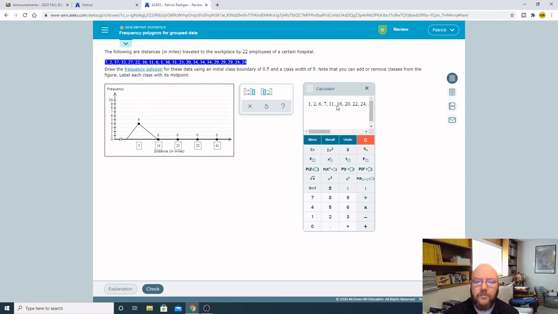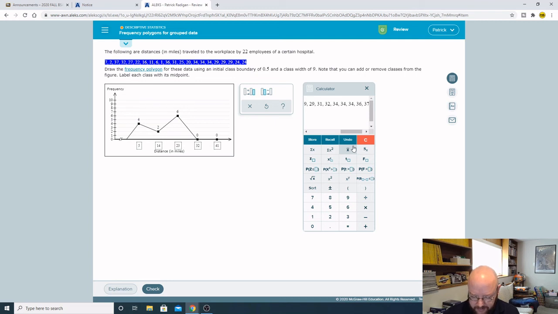1, 2. Looks like just those two, 11 and 16. Next one is 18.5 to 27.5. 1, 2, 3, 4, 5, 6.